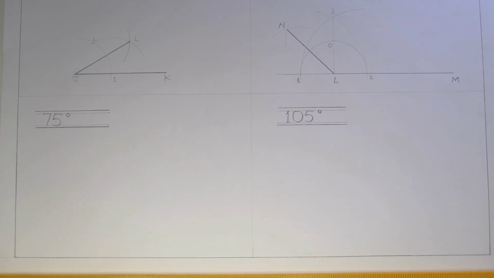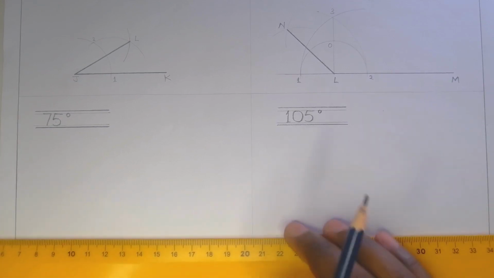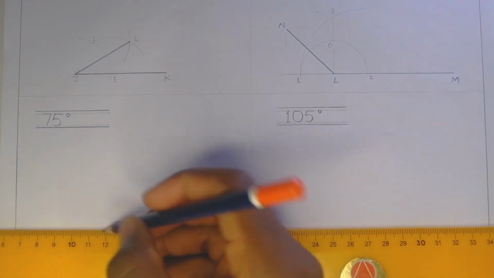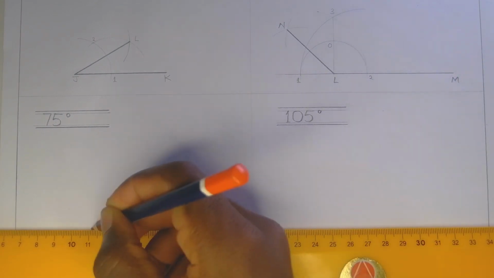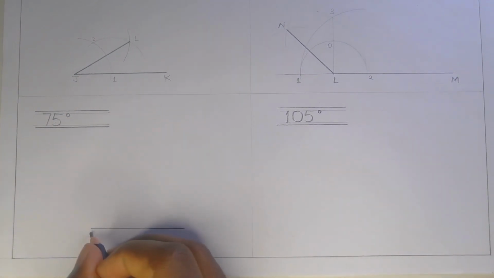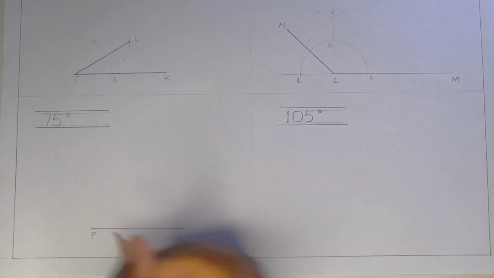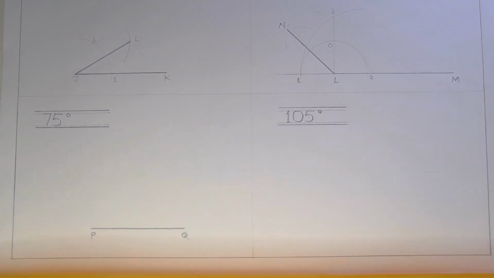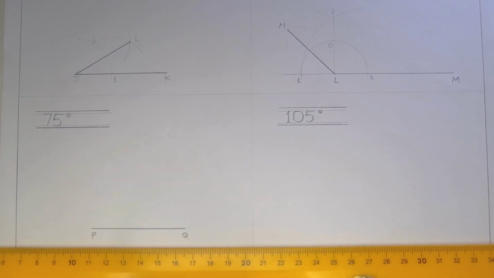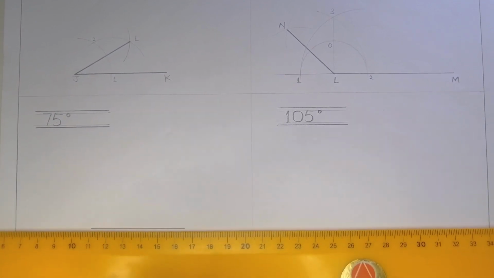The first thing we need to do is have our baseline. Let's say our baseline is PQ. Let's say we are making that 75 degrees at point P.